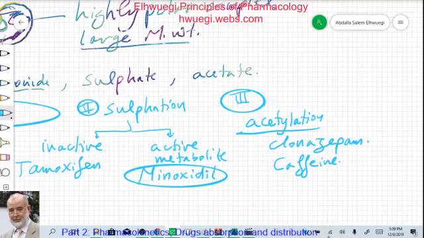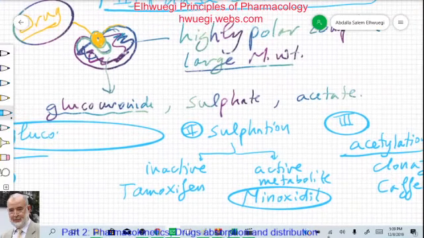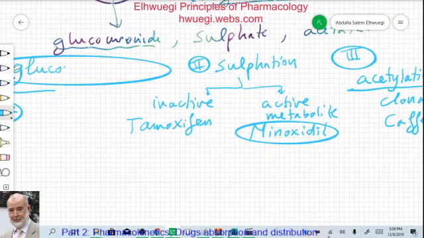So this is the process of conjugation. Conjugation will convert the drug into a highly polar complex of large molecular weight which can be excreted easily. In some cases, this conjugation will result in a more active metabolite.